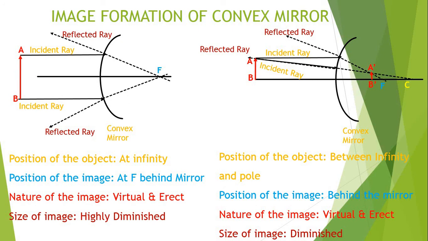Also in a convex mirror the image size is always very small, but in the case of concave mirrors the size of the image gradually increases. Such differences you can get from understanding both concepts.